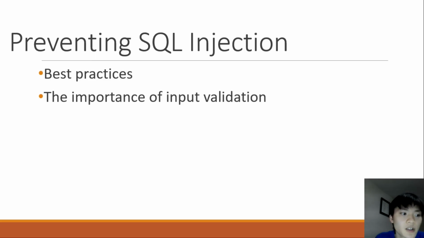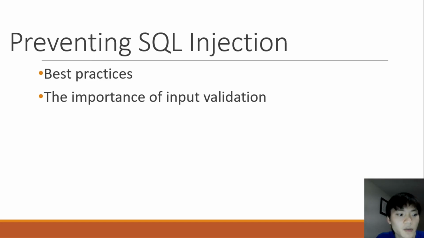Another essential practice is using parameterized queries or prepared statements. These techniques ensure the user's inputs are treated as data rather than executable code. I have seen projects where implementing these methods eliminate SQL injection risk entirely.